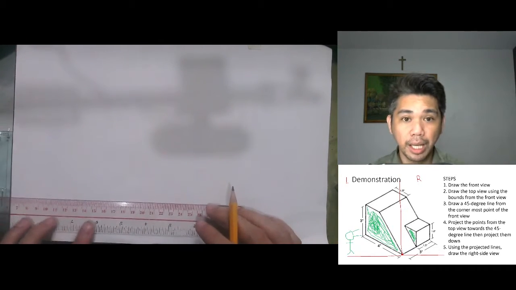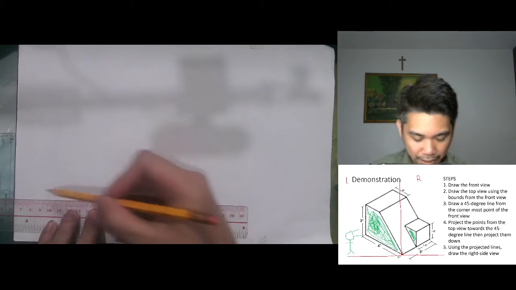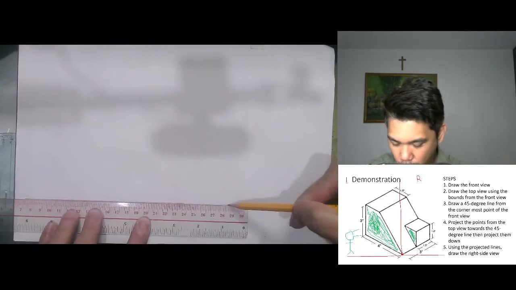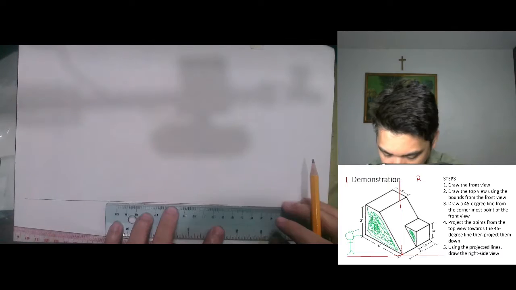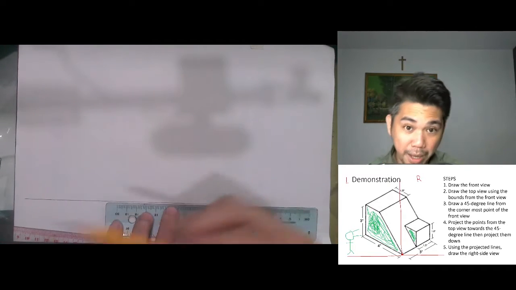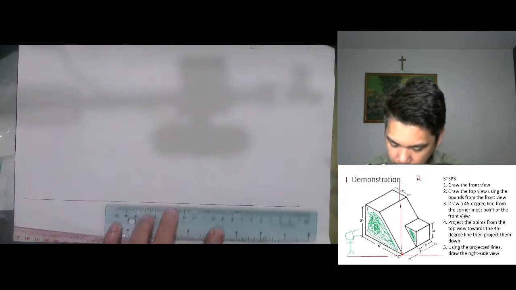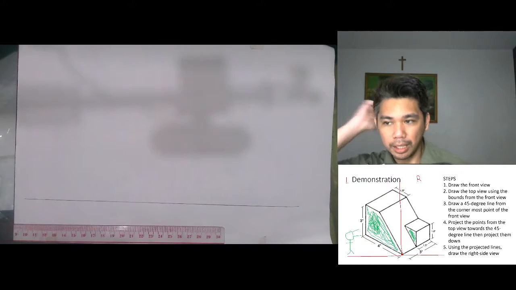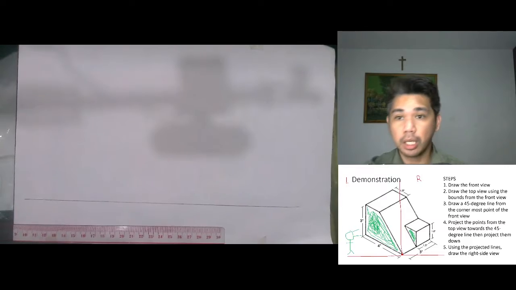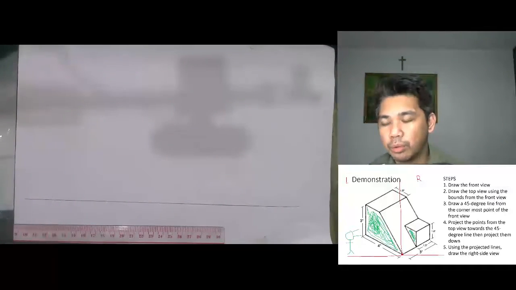So we need to create a horizontal line, a very, very long horizontal line. It should span across your paper, something like that. Now, we will check the measurements of the front view.